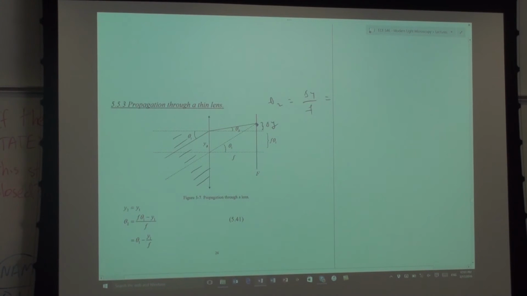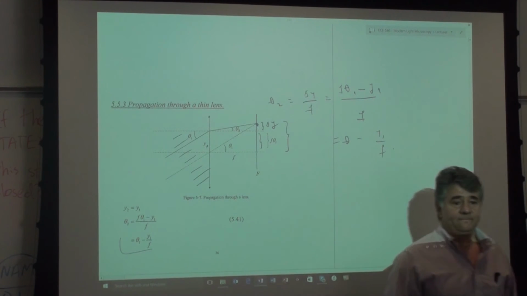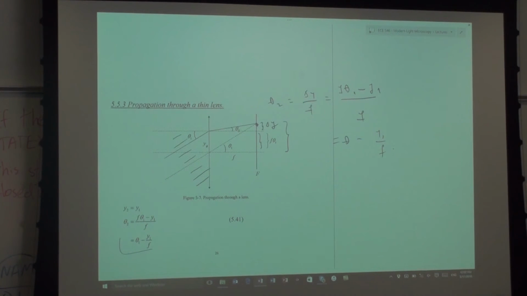And delta y is the big Y from here to here, which is f theta 1 minus this portion, which is my input, y1, divided by f. So it's theta 1 minus y1 divided by f. Okay. Are we cool? All right.